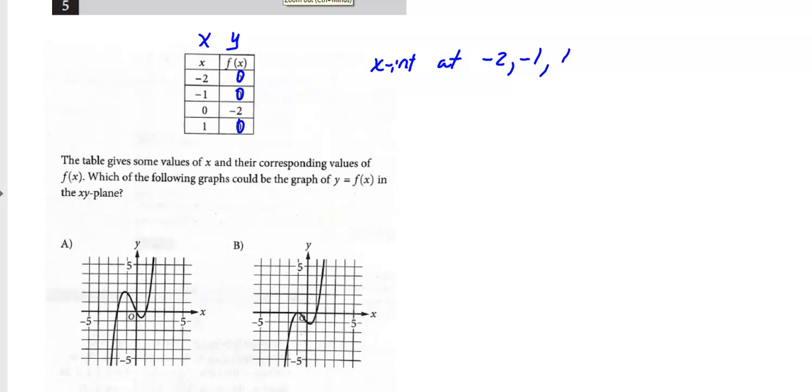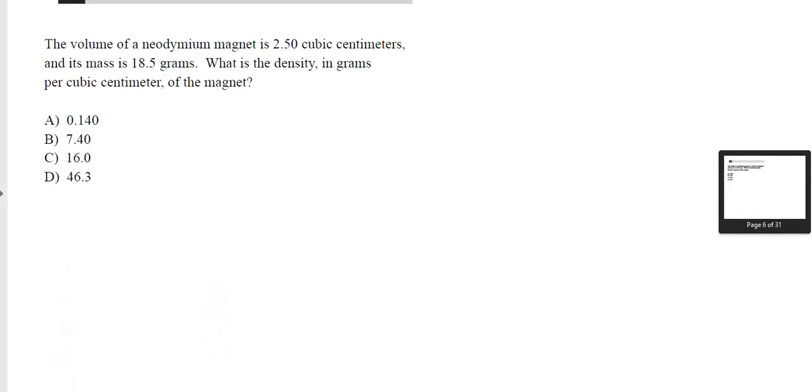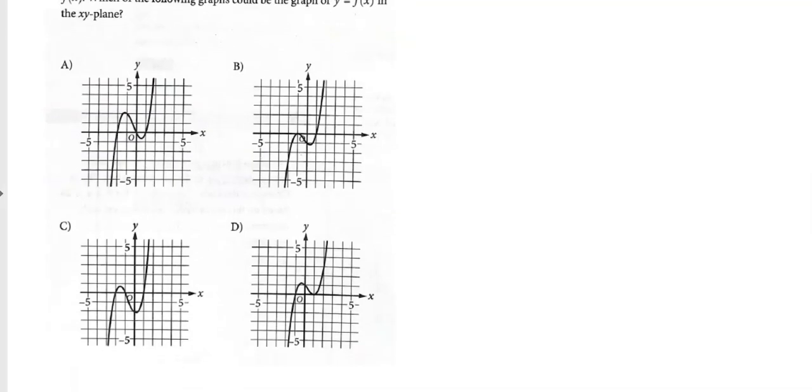Well, this one is not y equals 0 at the right places. That would be at -2, 0, and 1. So that one's out. B only is y equals 0 in 2 places, not 3. So it can't be B. So I'm looking at -2, -1, and 0.